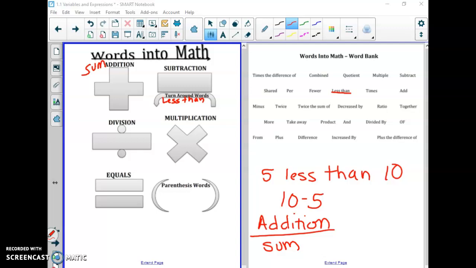Elizabeth, I'm going to have you give me one for subtraction. Nevaeh said increase, for adding. Rylan, I'm going to have you do division. Austin, multiplication. Julia, equals. Okay, Elizabeth said take away for subtraction.